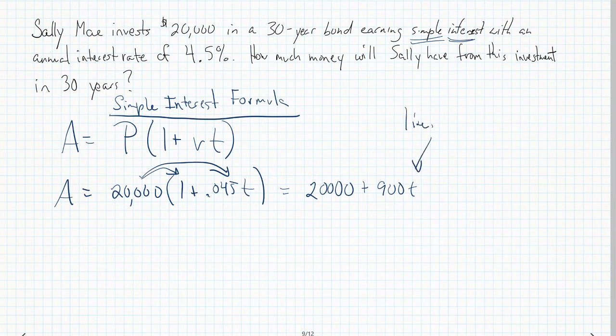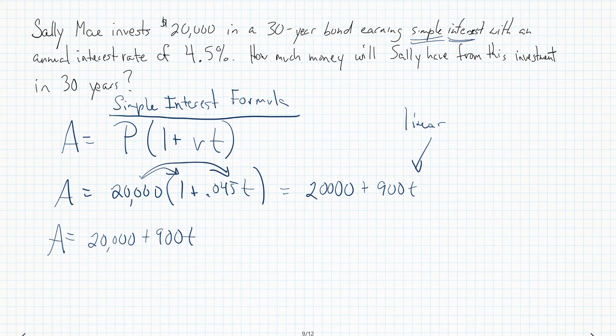This is called a linear equation. The reason why is the t is just raised to the first power and it's multiplied by some other constant. Okay, so our formula is A equals 20,000 plus 900t. So when you were doing these before, you were just dealing with a linear equation. We just didn't name it a linear equation.